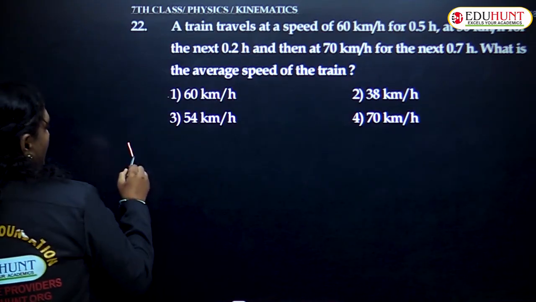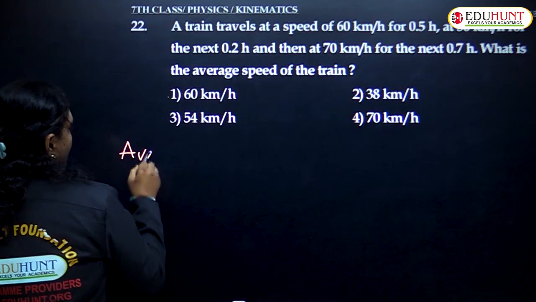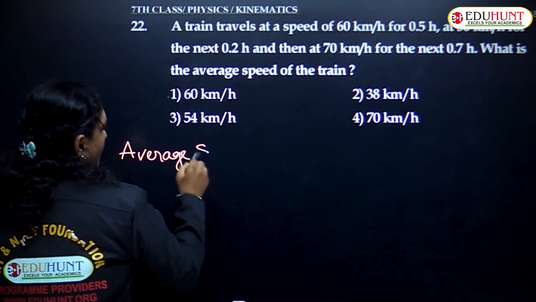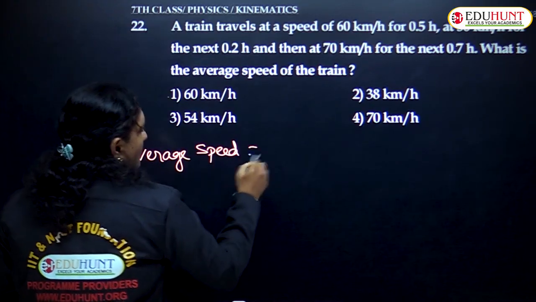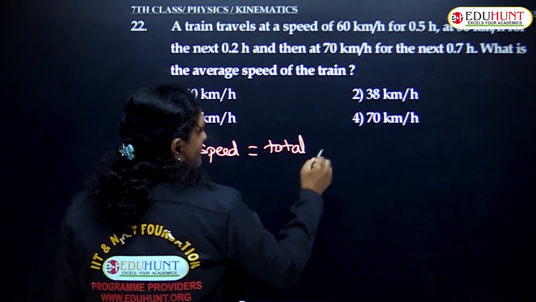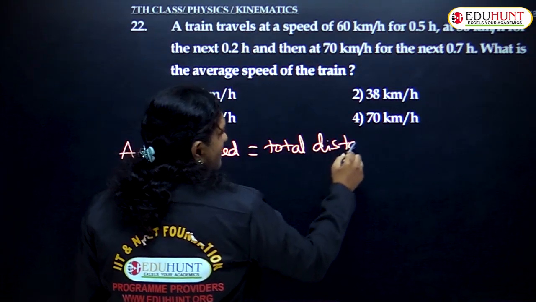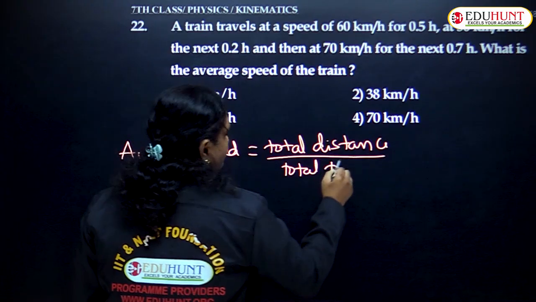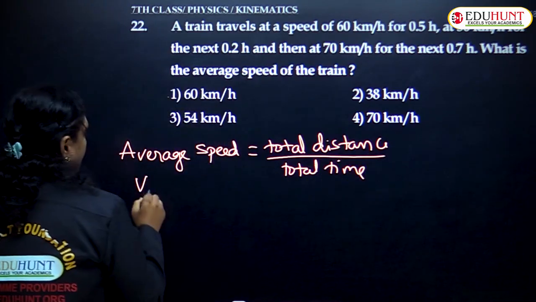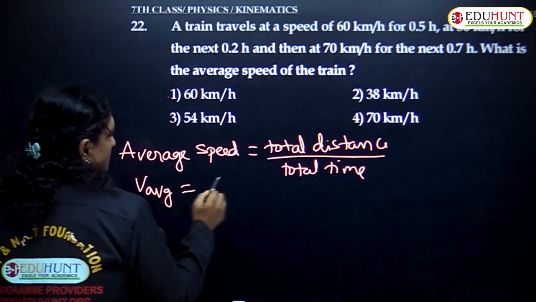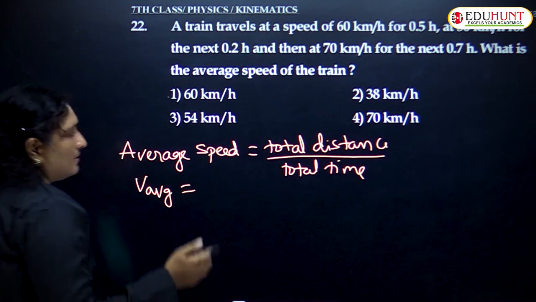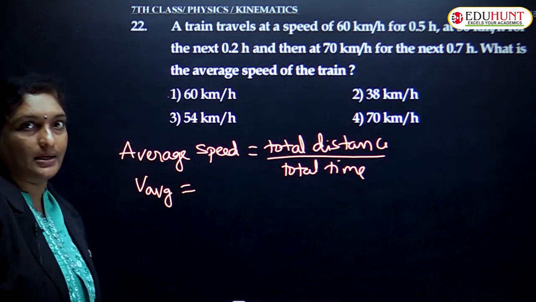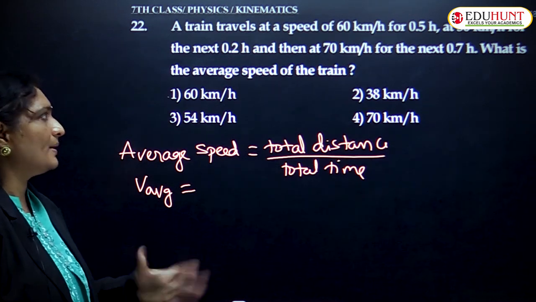So clearly we have the average speed. Average speed is nothing but total distance upon total time. So V average equals total distance, which can also be written as S1 plus S2 plus S3.